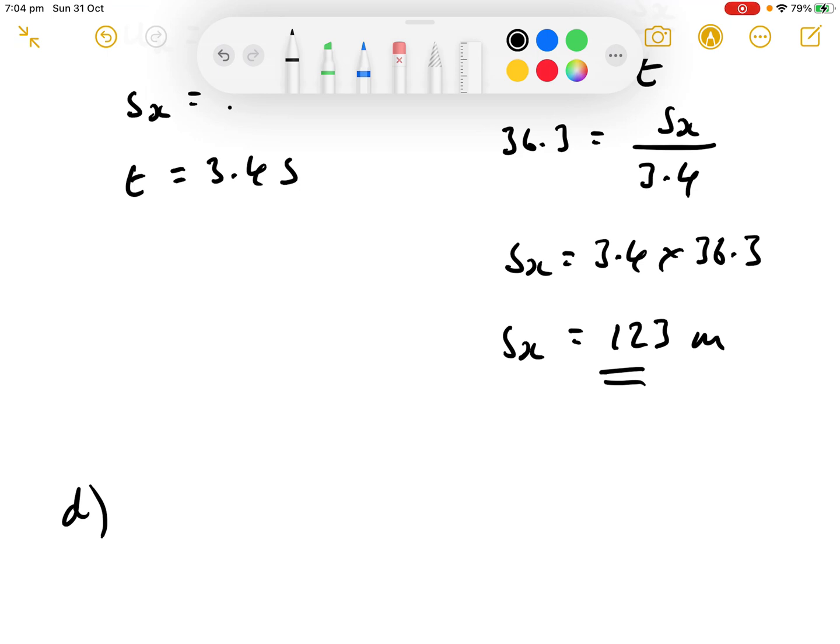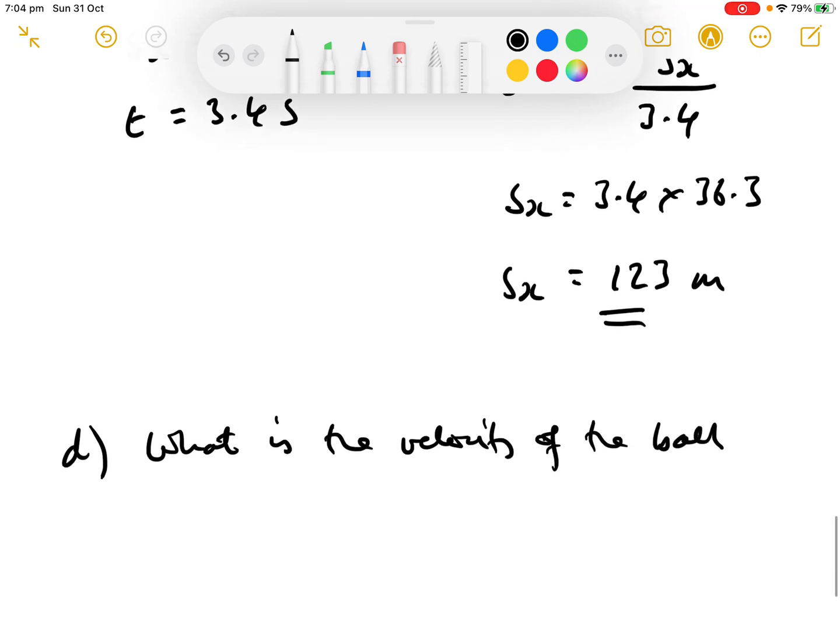And all I'll say for part D is, well, let's ask the question anyway. What is the velocity of the ball just before landing?